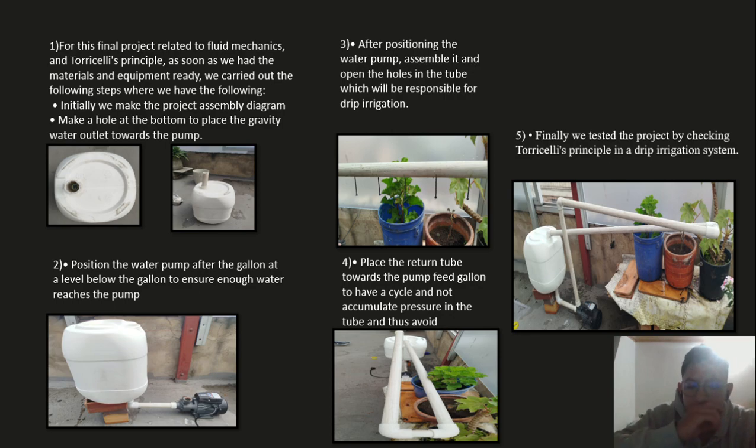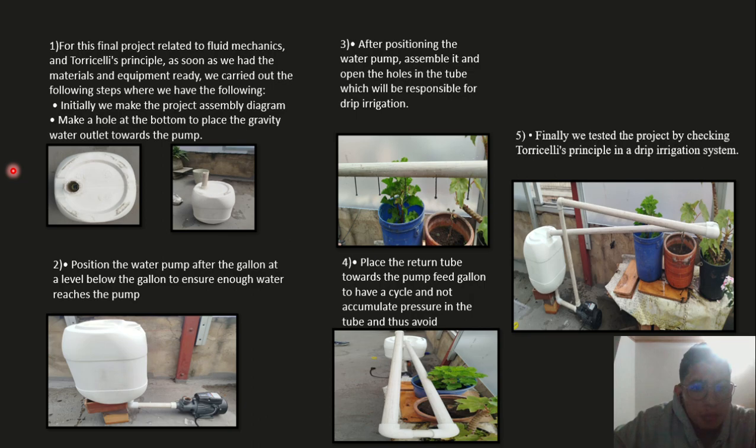In this part is the explanation of the project. For this final project related to fluid mechanics and Torricelli's principle, as soon as we had the material and equipment ready, we carried out the following steps.